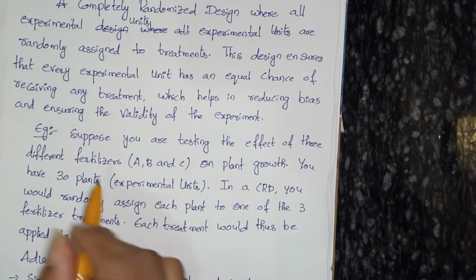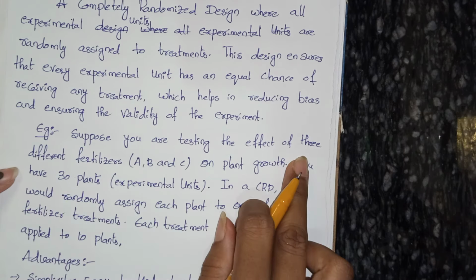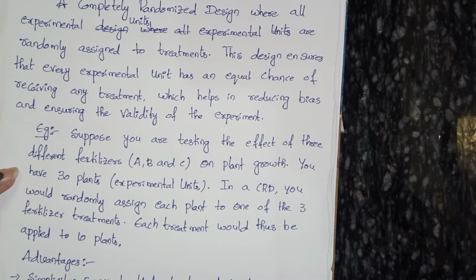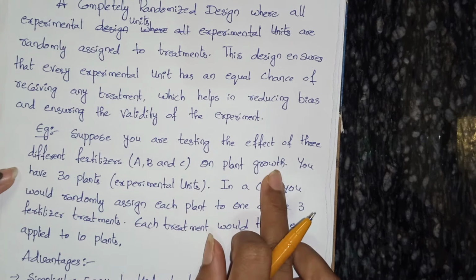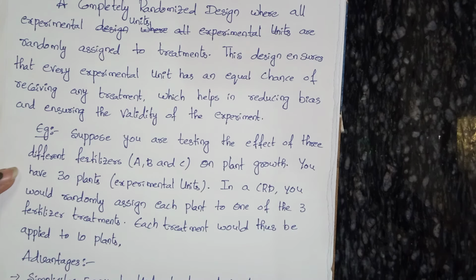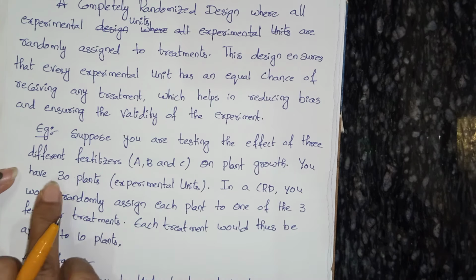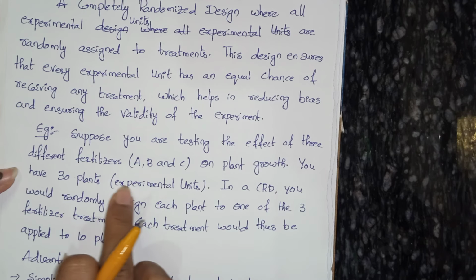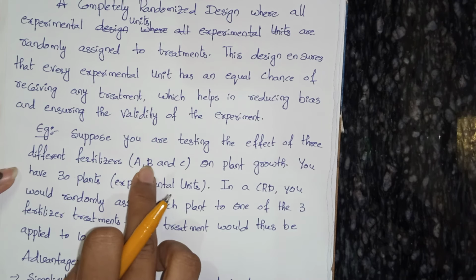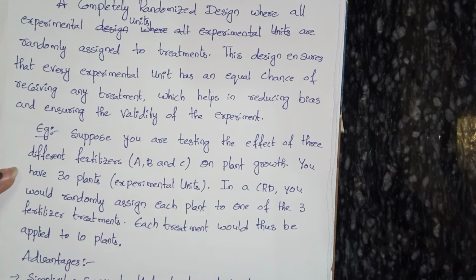See one more example. Suppose you are testing the effect of three different fertilizers, and you want to test which one works more efficiently on plant growth. You have 30 plants. Each plant is an experimental unit, and A, B, C are the treatments. In a CRD you would randomly assign each plant to one of the three fertilizer treatments.